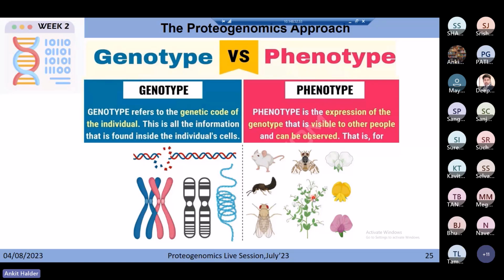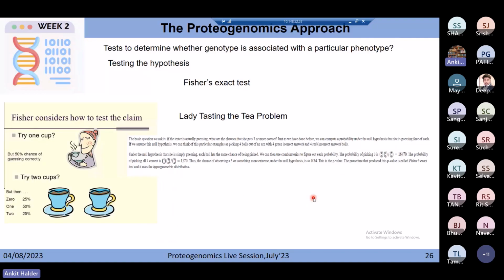But the question that has always been is what is the association of the genotype and the phenotype, how much it is associated, or how to understand its association. There are different concepts to understand this. There are tests which help us determine whether a genotype is associated with a particular phenotype or not.